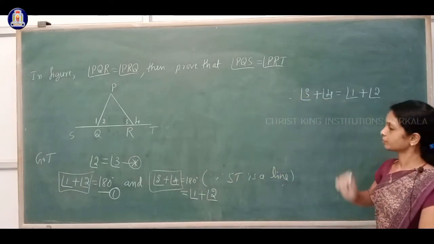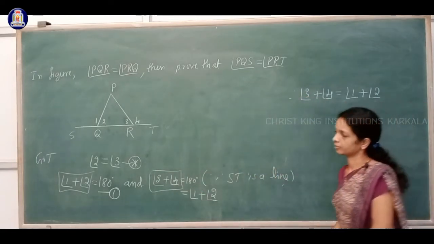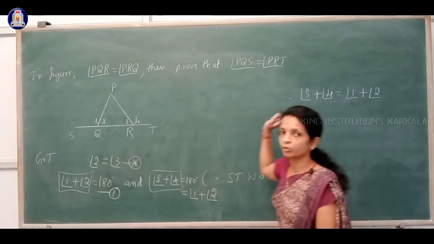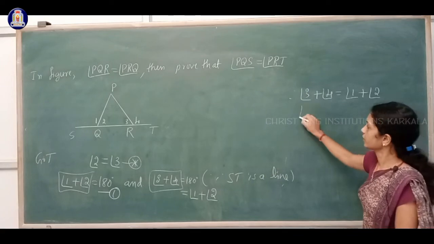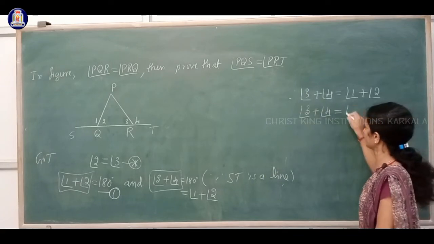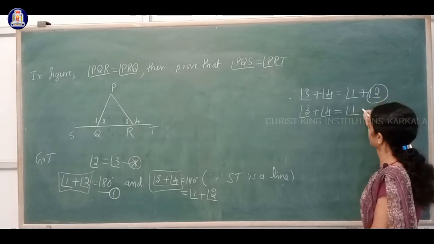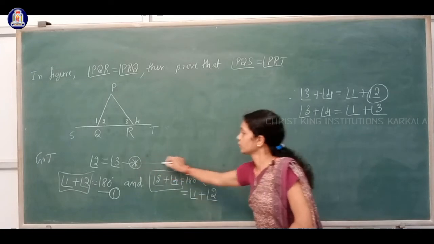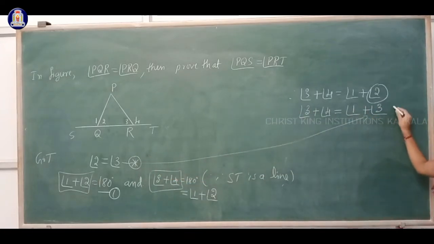Okay, and now use the star. In place of angle 2, you replace angle 3, and angle 3 you keep as it is. Angle 4 also as it is. Just in place of angle 2, I will replace angle 3, by using the star equation.